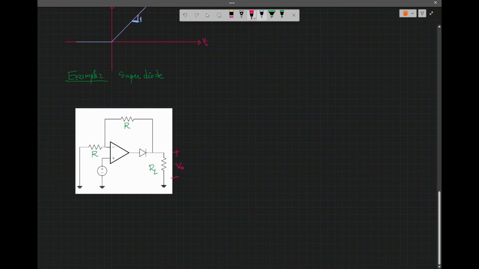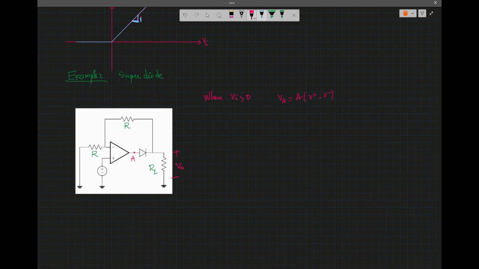So now when Vi is positive, the voltage at this point A, okay, anytime we deal with an op-amp circuit, we need to keep in mind and look for what happens at that point A. So we know the voltage VA, assuming the network is about to start working and the diode wasn't conducting, will be equal to A, the open loop gain, times V plus minus V minus.